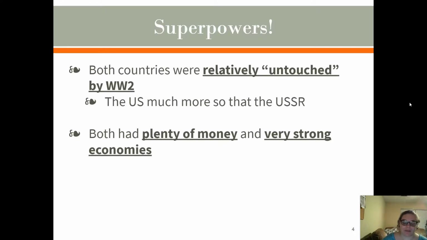Plus, part of the war was actually fought in the Soviet Union, and the only damage the United States took itself was Pearl Harbor. But all of that said, both of these countries still had plenty of money and very strong economies at the end of this war. So they're going to be able to pick up and go a lot faster than the rest of Europe is. So whenever other countries are looking for help, really the only people that can afford to help are us or the Soviet Union.